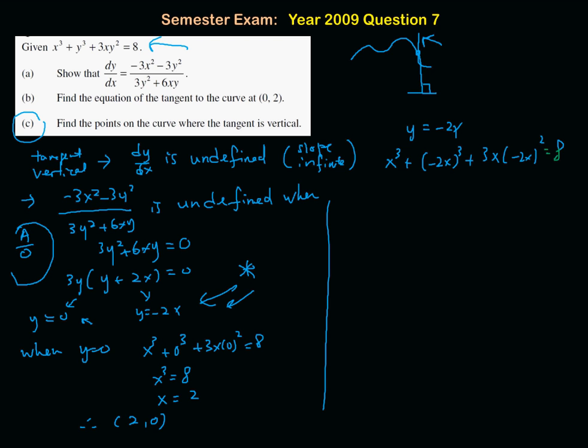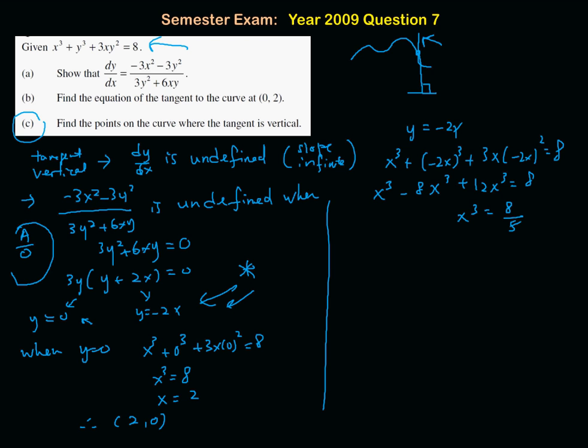And if you expand this carefully, cube, and this is 12x cubed, and finally you end up with this. We got 5x cubed equals 8, and so you need a calculator to help us.